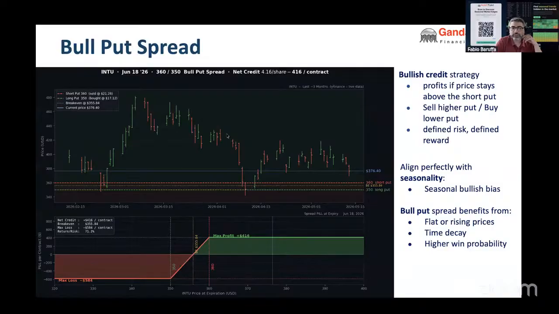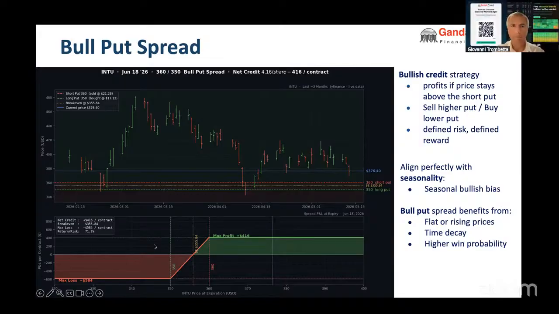So actually, I use this as a bullish credit spread. It profits if the price stays above the short put. Now the thing is, how are you going to choose those strikes? It really depends, but I usually look at the downside. I look at the average negative, and if the average negative is like 5-10% or 7%, I try to put the strike below that.